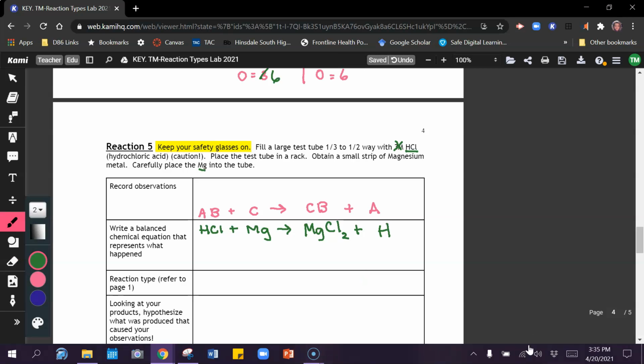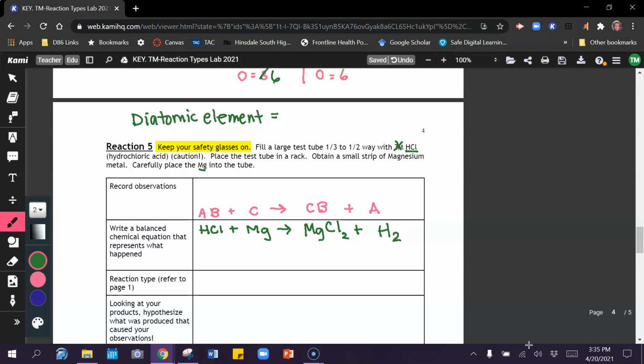But now let's look at hydrogen. Hydrogen is what we call a diatomic element. It cannot stand alone. You need to pair it up with another hydrogen. So the formula for hydrogen is actually H with a subscript of 2.